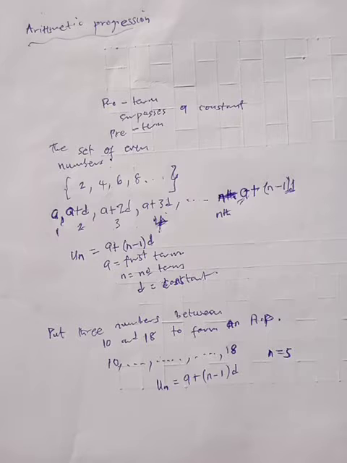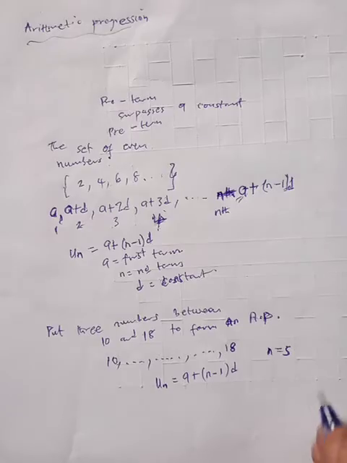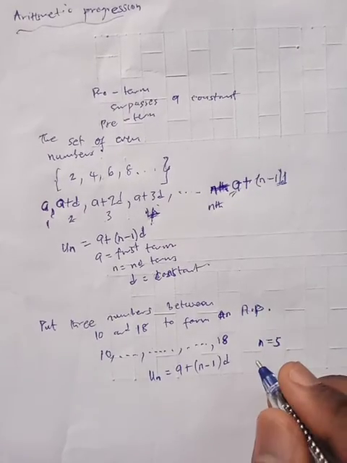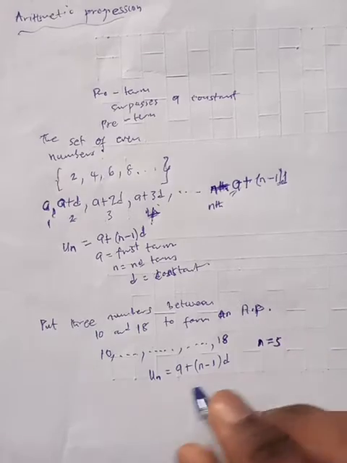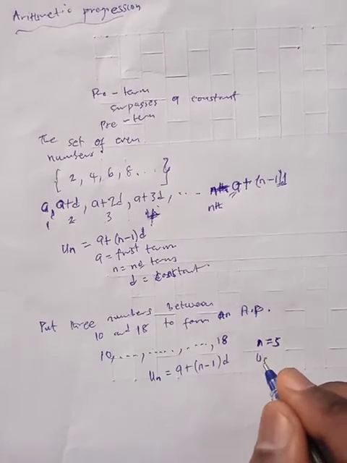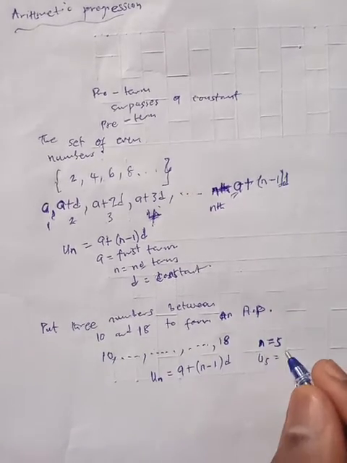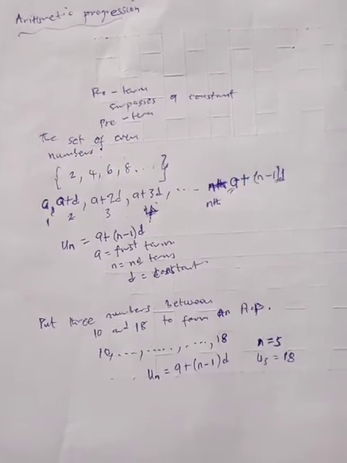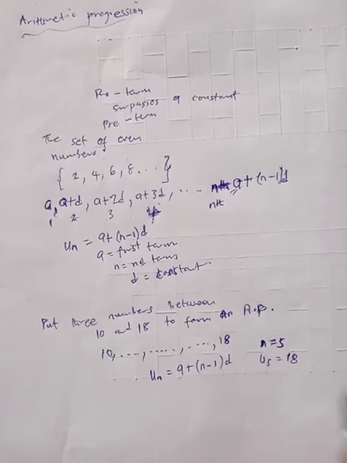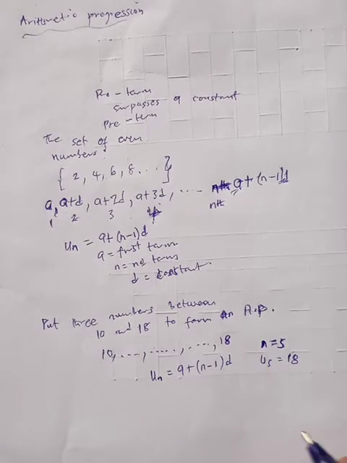We've sorted out one variable like that. Now, let's sort the other ones out in order to be able to find d. How will we do so? We know that for n equal to 5, our u of 5 is 18. That is, the term there is 18. Is it not true? It is true. Our term there is 18, simply as that.